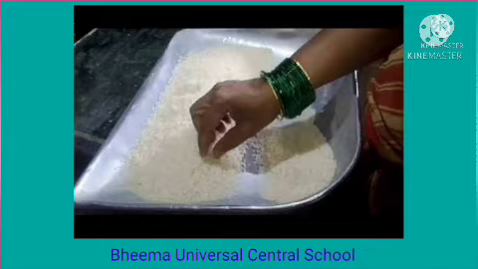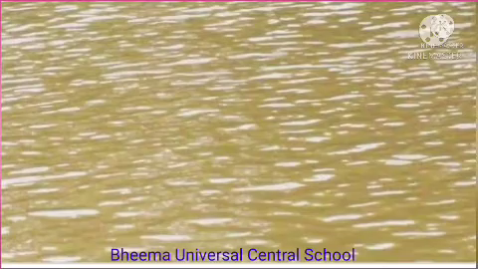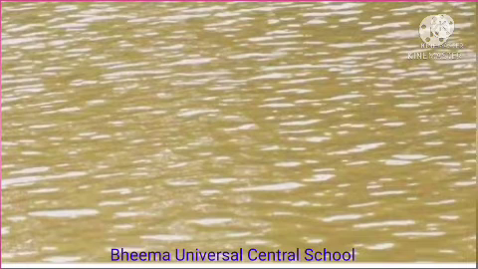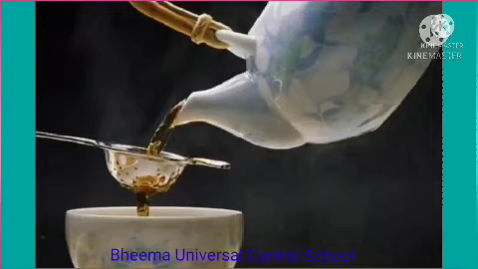These are removed as they can be harmful to our teeth as well as our digestion. Next, to remove clay and other dirt particles from river water before it is supplied. Next, tea leaves from tea.